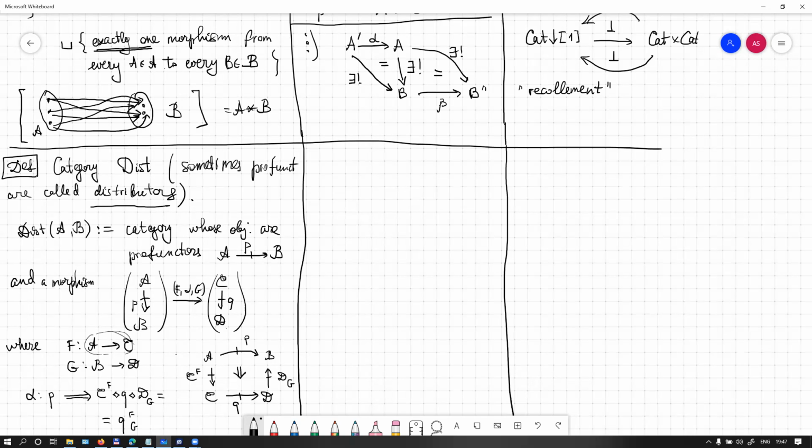So this is a category of distributors from A to B. Then you have a structure of a bicategory on distributors. So it is a bicategory.